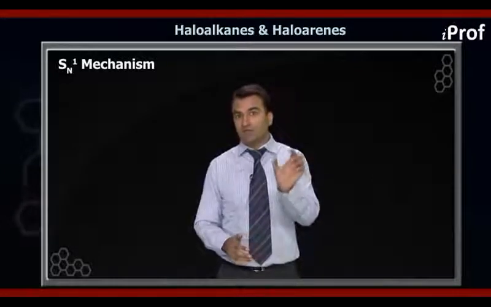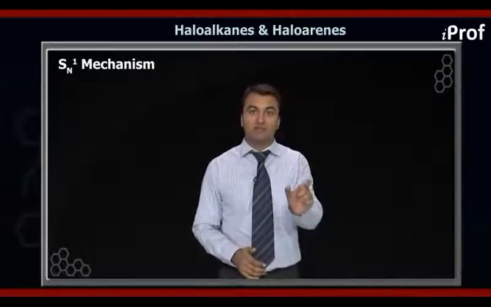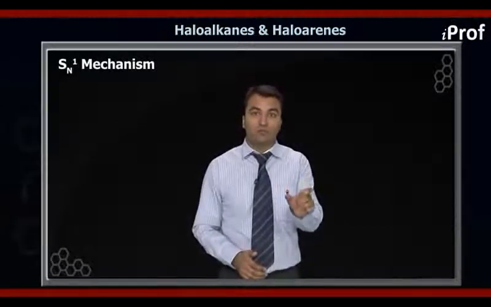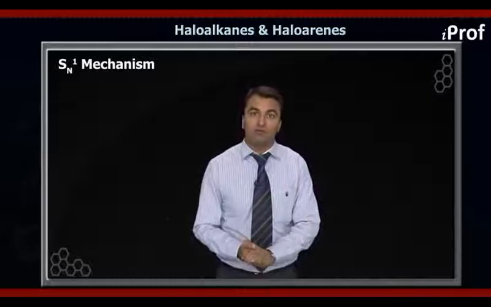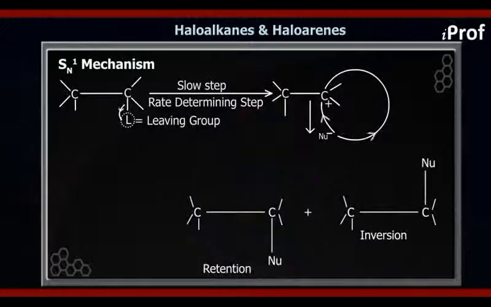If a nucleophile attacks on the same side, that is, the side on which the leaving group was present in the compound, the configuration of the product will be retention.